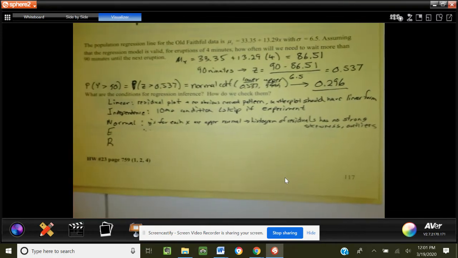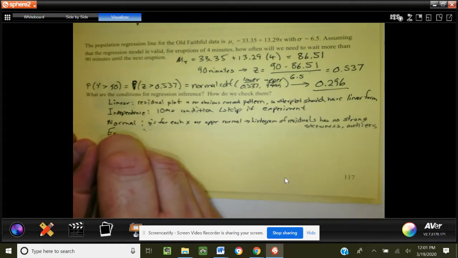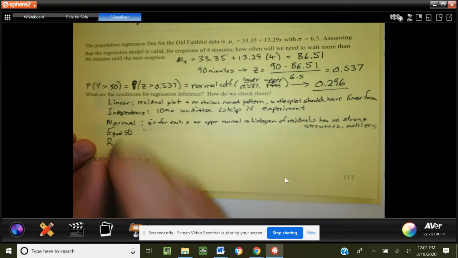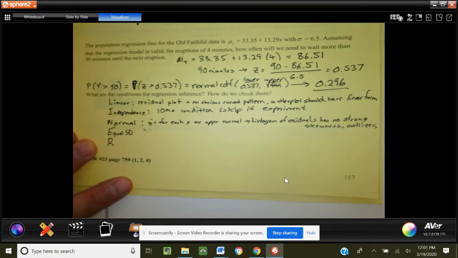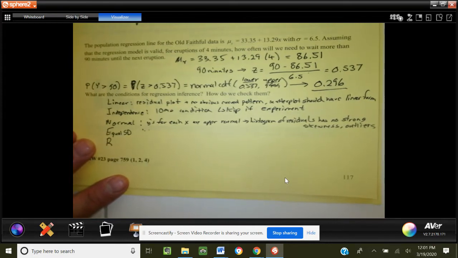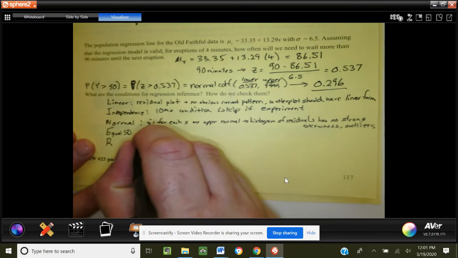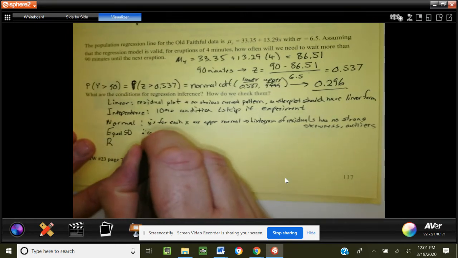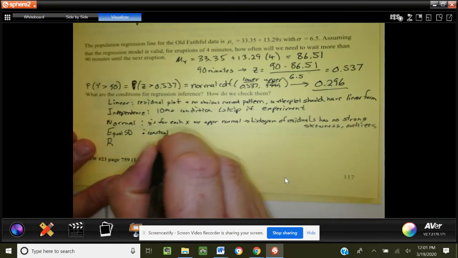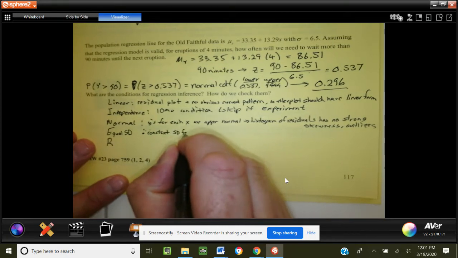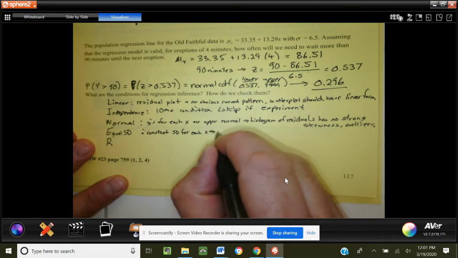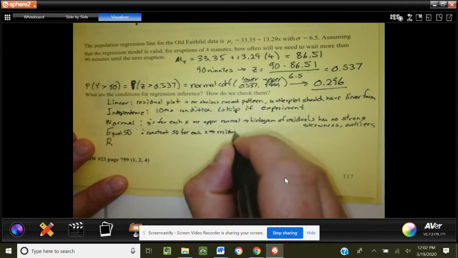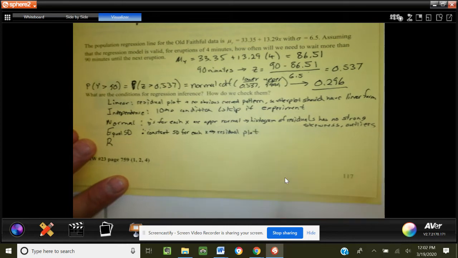E is, again, the equal SD condition, meaning the standard deviations of the Y's are pretty constant for each X. So for that, we're going to look at the residual plot. And we'll see examples of all this here in just a second.